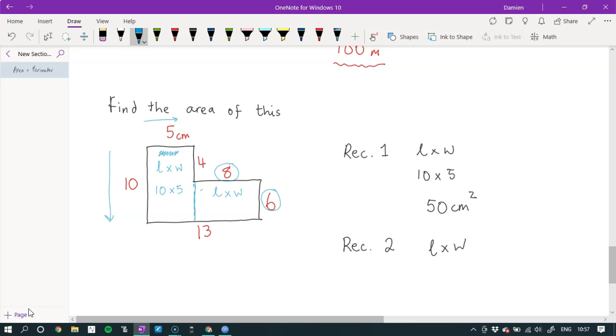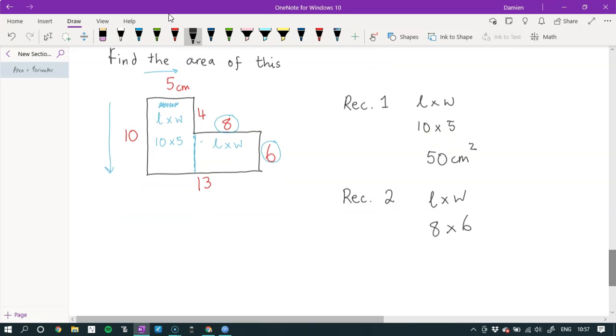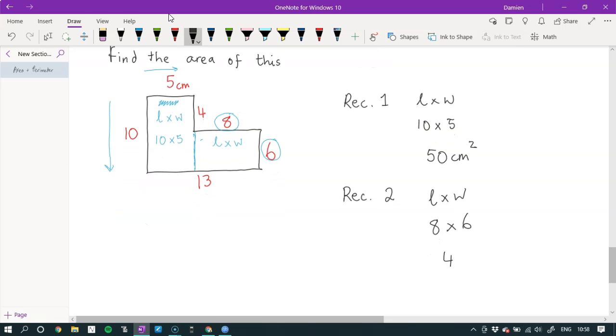It's not 13. 13 is the full thing, going all the way across, but we're not interested in the full thing. We're only interested in the sides. So we've got 8 multiplied by 6. So 8 multiplied by 6 is 48. It's centimeters, so it's centimeters squared.